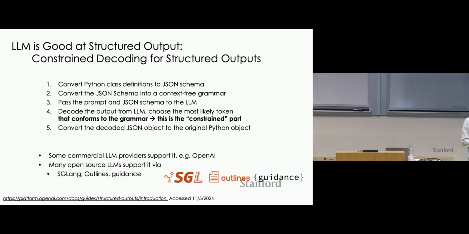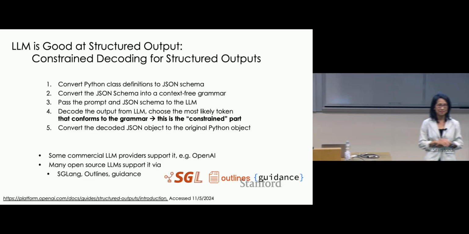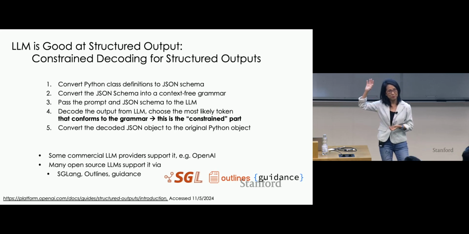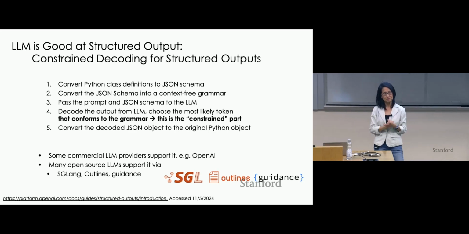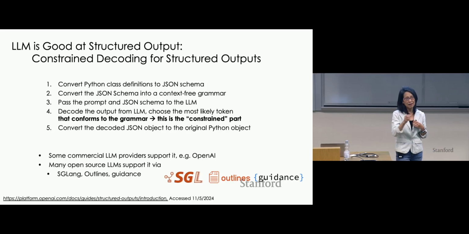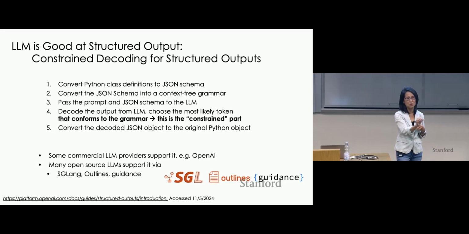Yes, Aaron? I'm kind of confused on what the whole process of steps 2, 3, and 4 is. No, this is done by the LLM system. We're not doing it. I'm trying to explain to you why it is doing the structured output so well. So don't worry. Sometimes I would say, if I'm going to get it to generate structured output, then it has to conform to the grammar and all that.